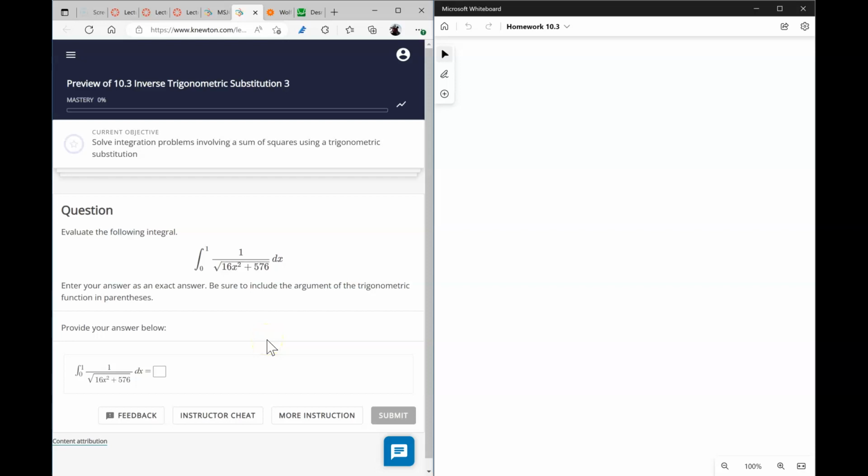The first problem is a definite integral from 0 to 1. The idea is simple. When you see a pattern like this, there are multiple ways to express it.